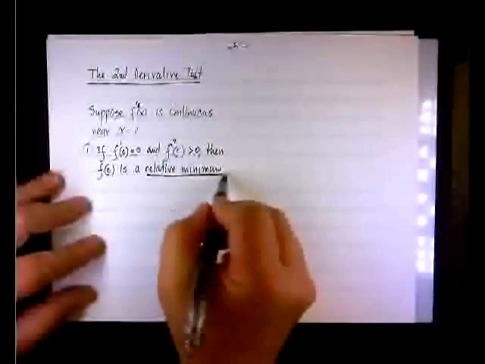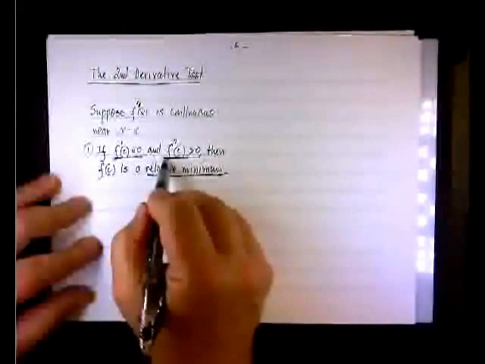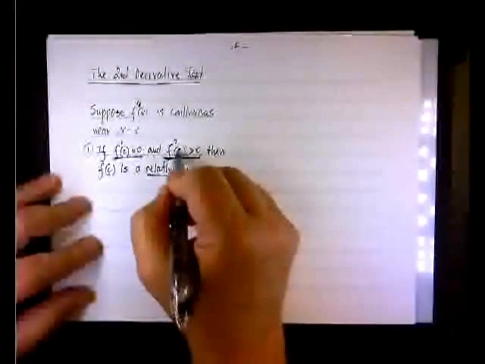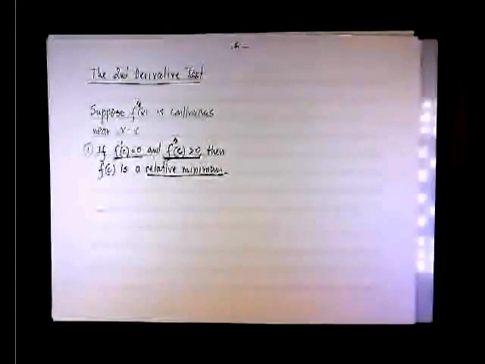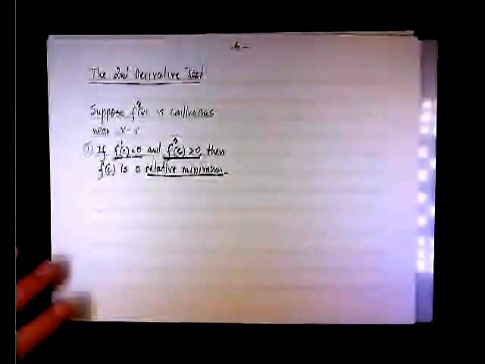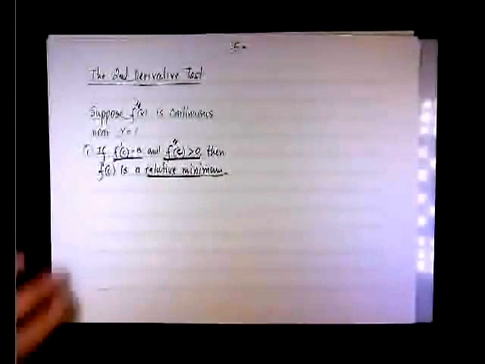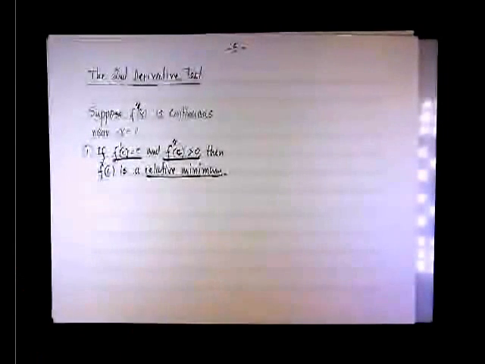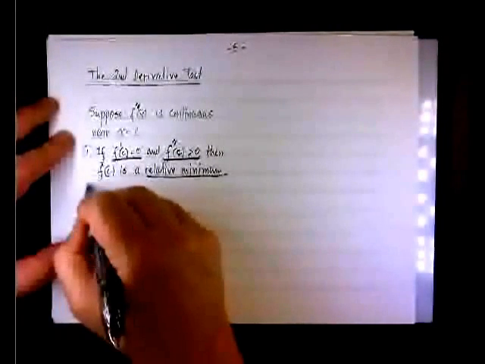So here are the two conditions. We want f prime to equal 0 and we want f double prime to be positive. Then we have a relative minimum. We're going to look at it in a minute visually to understand this statement, but it's fairly easy to understand once you visualize it.